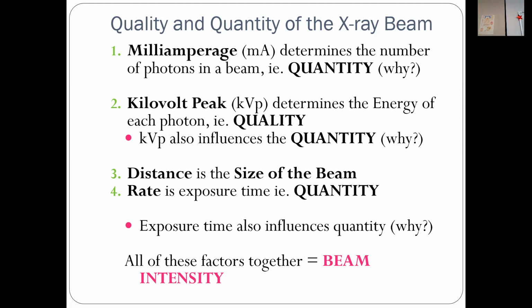KLMN basically will help you remember this. Sorry if I wrote it all in a funny way. So we have K for kilovoltage, L for quality, M for MA, N for quantity.